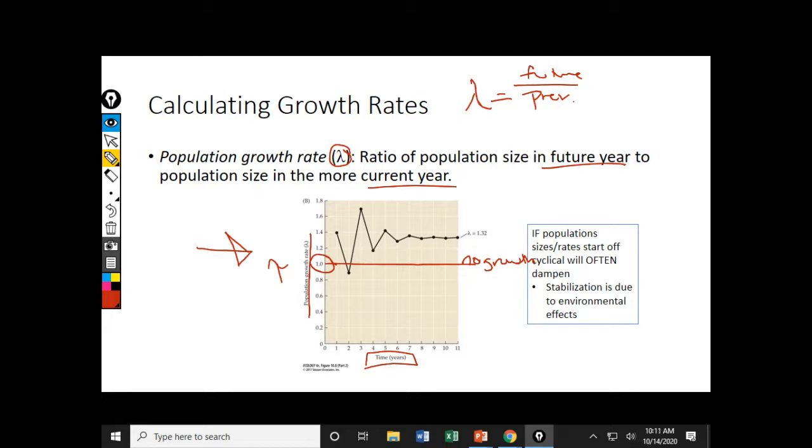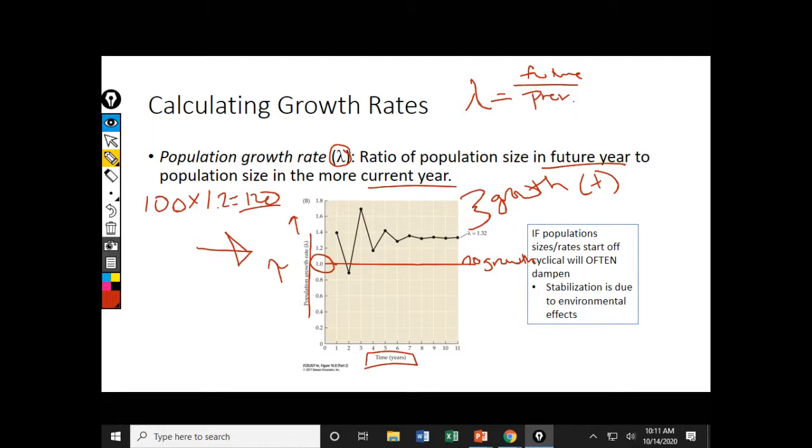Why am I tired? This is the decimal, right? It's 120, right? So it's a positive population growth rate. So anything this way is growth, right? Positive. So anything bigger than 1, positive population growth.